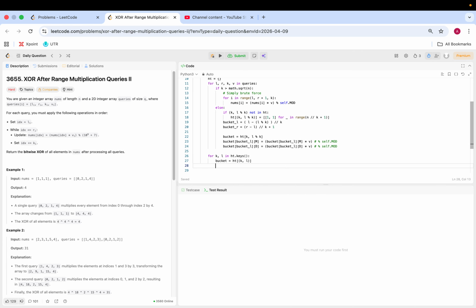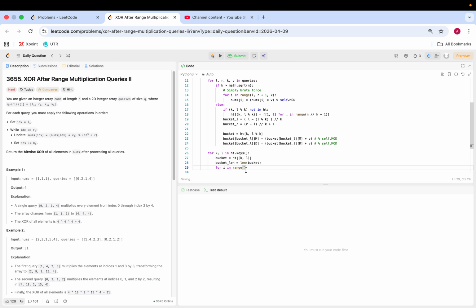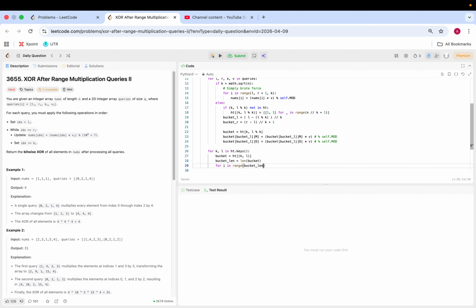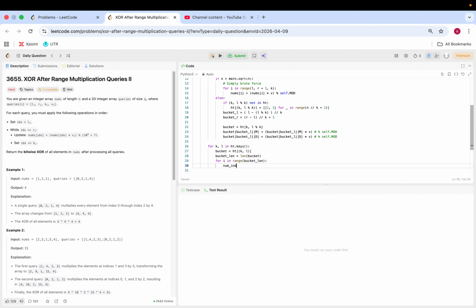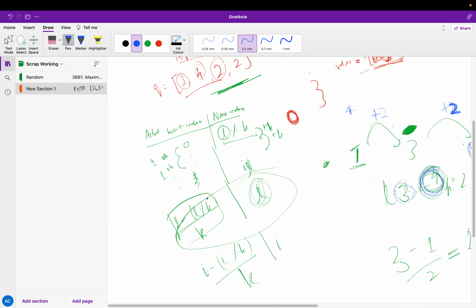So we're getting the bucket, and then we're basically saying for I in range bucket length, where bucket len is equal to length of bucket. The num index is the conversion.